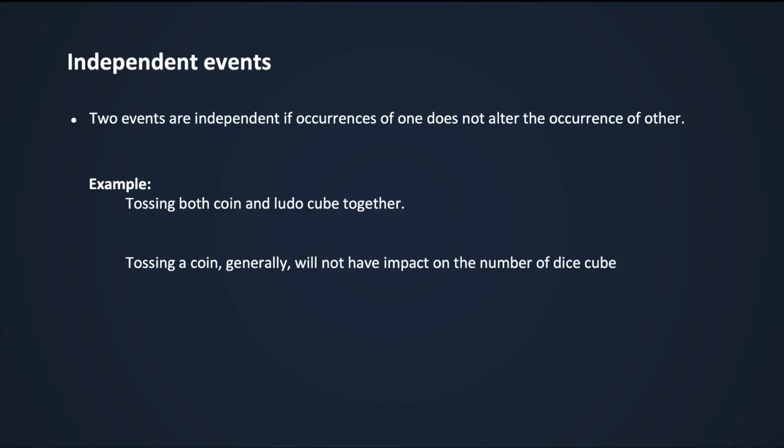For example, assume that in one hand you have a coin and in another hand you have a Ludo cube. Now, the tossing of the coin and throwing of a Ludo cube have no correlation with one another. Such type of events are called independent events.